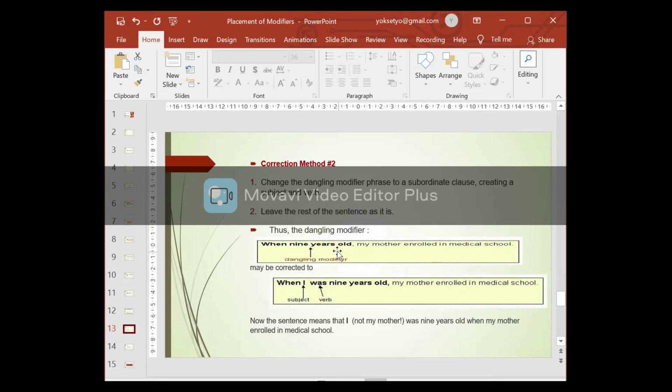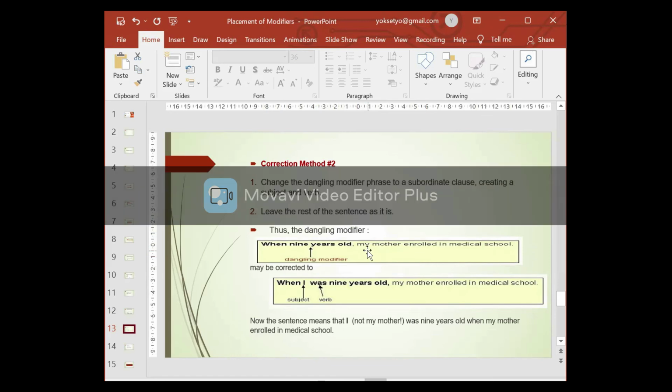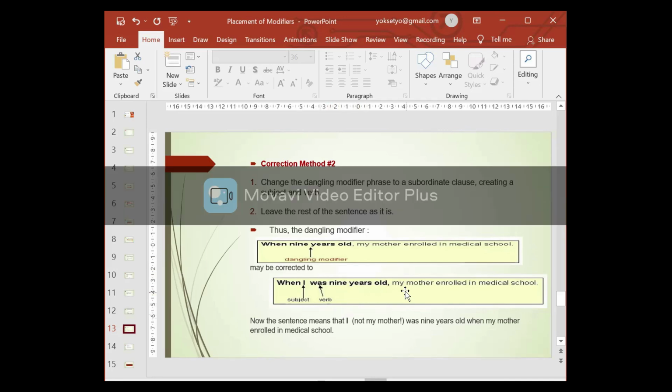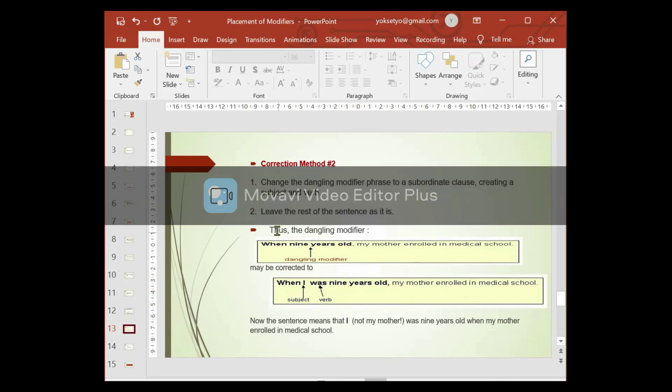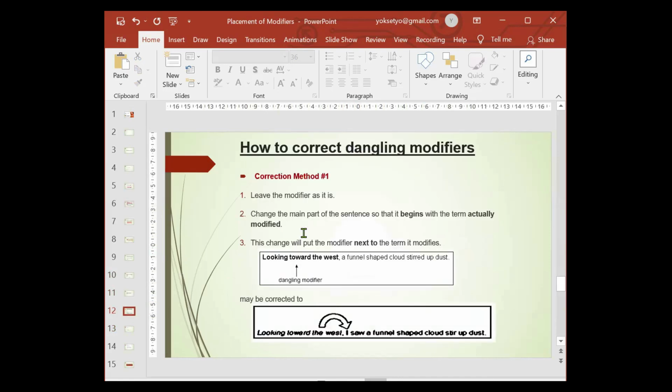You can correct it with: when I was 9 years old, my mother enrolled in medical school. So that is the second method. So you see that there are two methods to correct dangling modifiers. Okay.